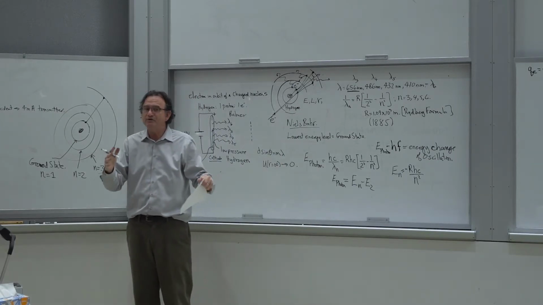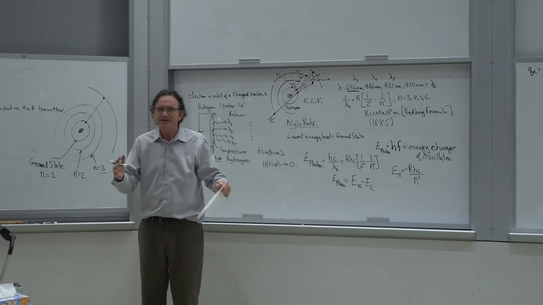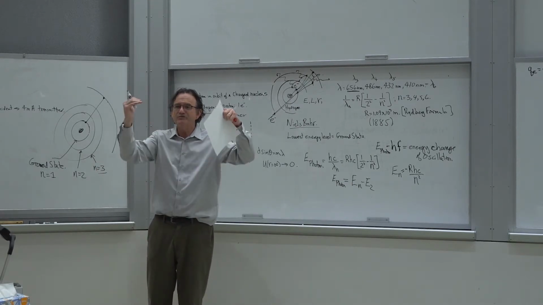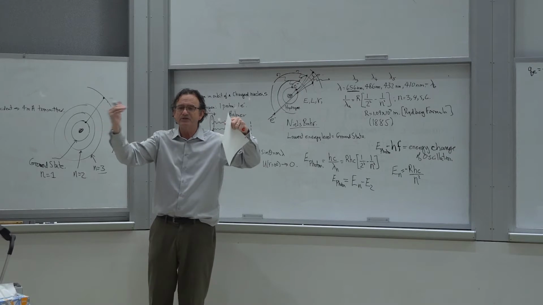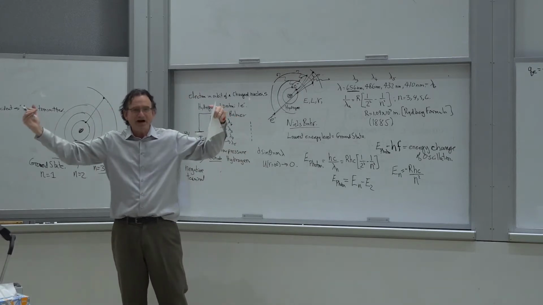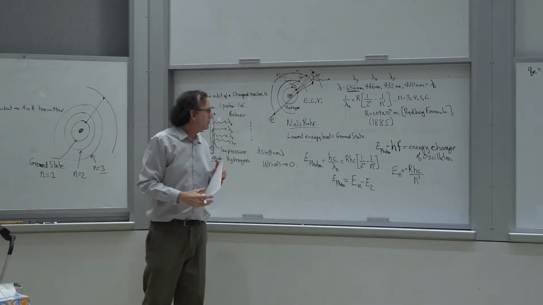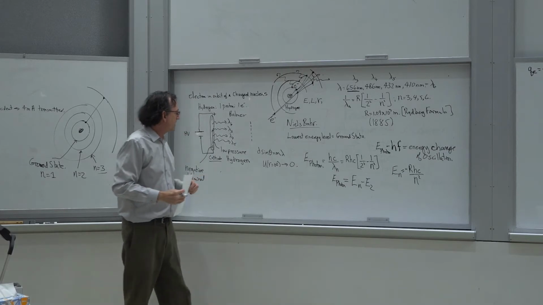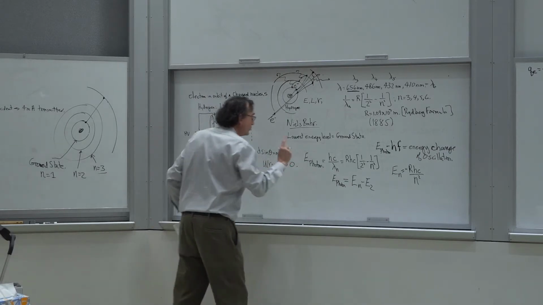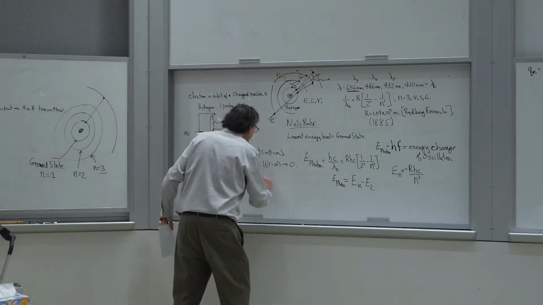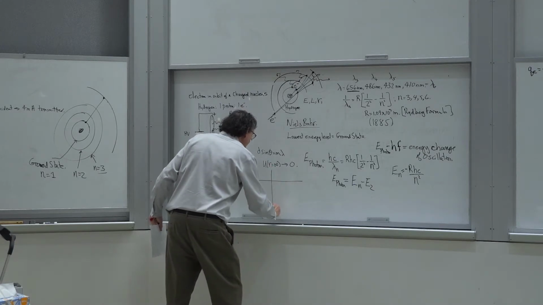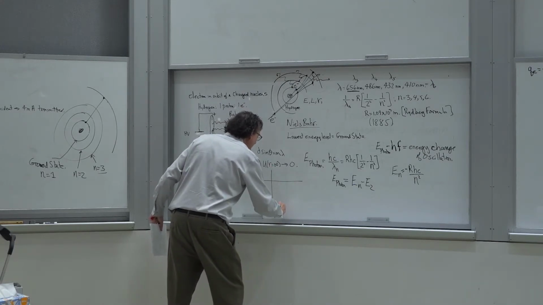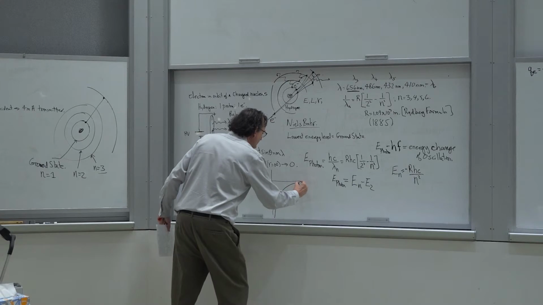That wasn't true in our finite square well potential, because we had the offset. We actually had a positive potential outside the box. What we're doing here is adding a constant so that the potential goes to 0. So for an electrostatic potential, the potential energy curve looks like this.